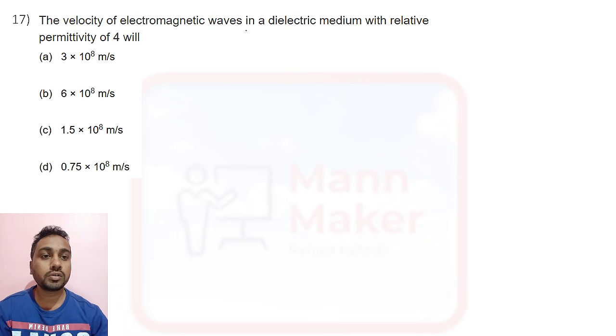The velocity of an electromagnetic wave in a dielectric medium with relative permittivity of 4 will be. So if you see, the velocity of EM wave is C divided by root of permittivity, epsilon r.